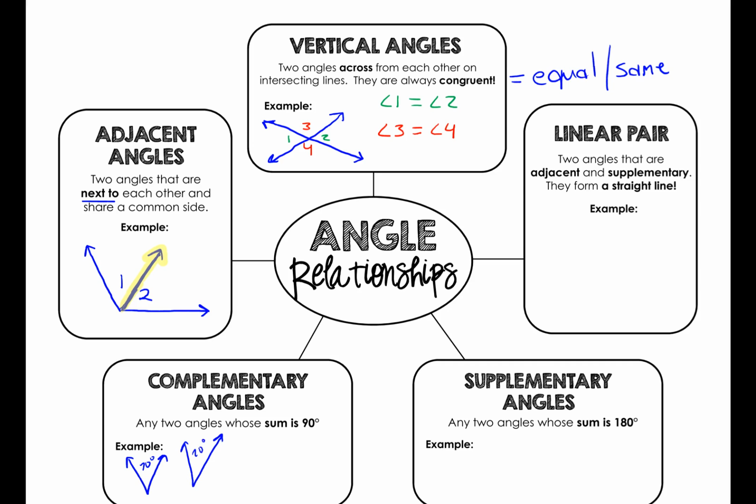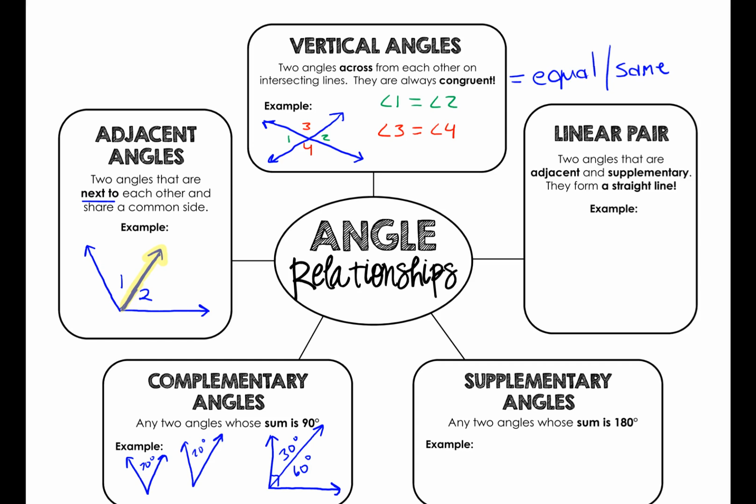If I add those two angles together, they equal 90 degrees. You'll probably see most complementary angles like this on a right angle. We have two angles here, one is 30, the other is 60. They add up to 90 degrees. We call that complementary. Okay?